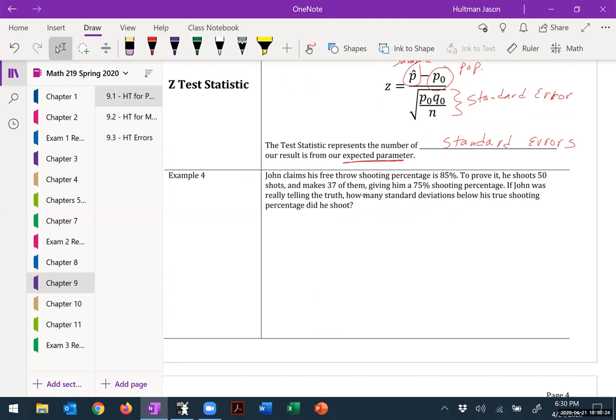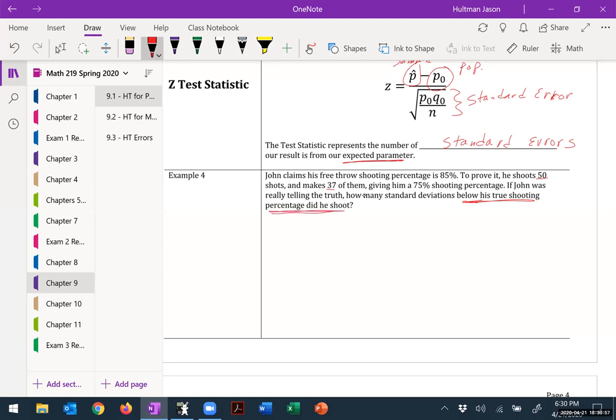So let's go back to our basketball example here. It says John claims his free throw shooting percentage is 85%. To prove it, he shoots 50 shots and makes 37. If John was really telling the truth, how many standard deviations below his true shooting percentage did he shoot?